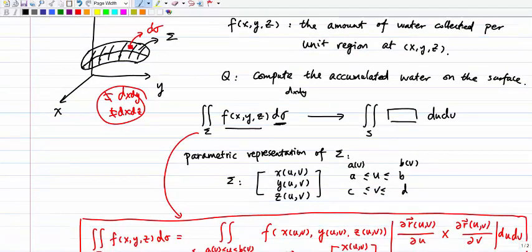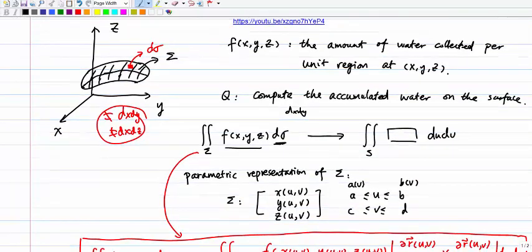Okay, so last time we talked about the parametric representation of the surface sigma. The main idea is that for any point (x,y,z), I can use just two parameters. Assuming I have a 3D surface, I can use two variables u and v.